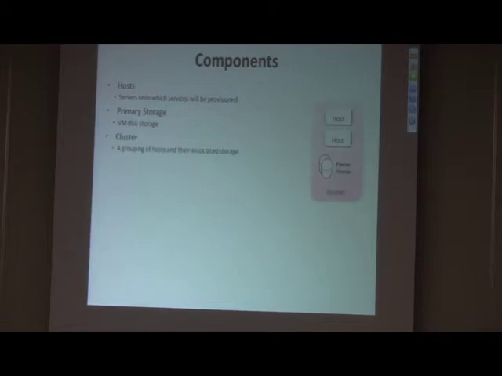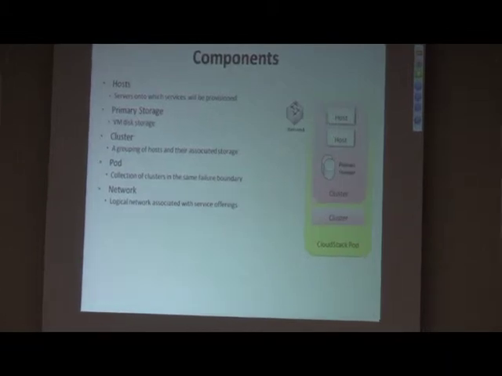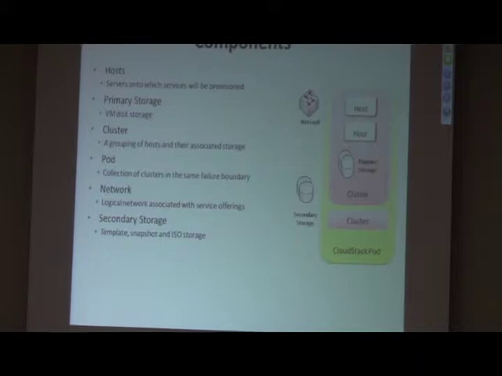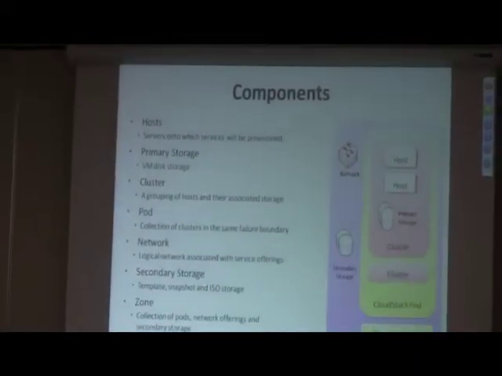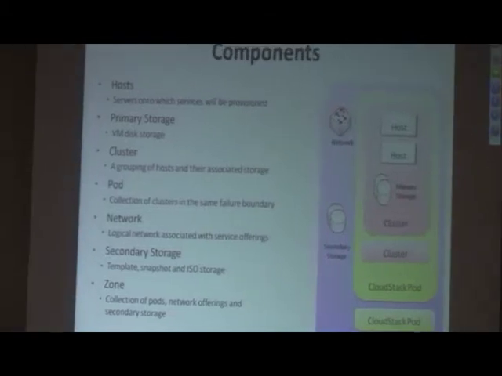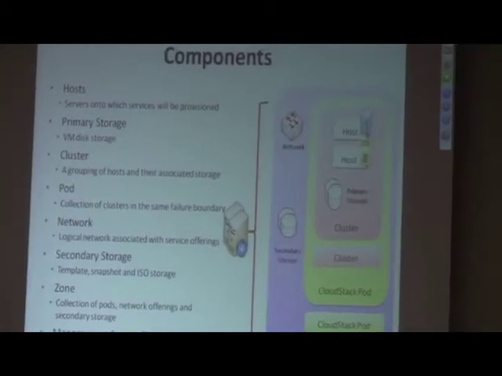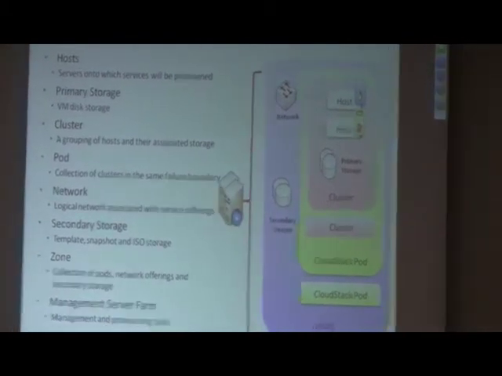When you group them together, that grouping is called a cluster in CloudStack. When you group the clusters together, it's called a pod. Pods are linked by layer 3 networking, and you add a secondary storage. That entire grouping is called a zone in CloudStack, and the management server farm is able to manage multiple availability zones.